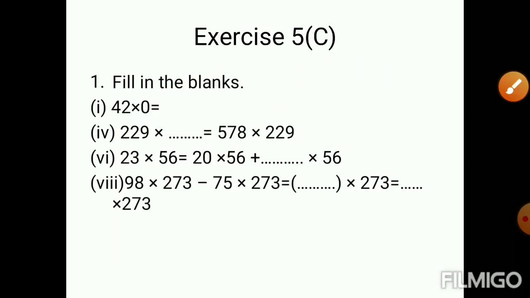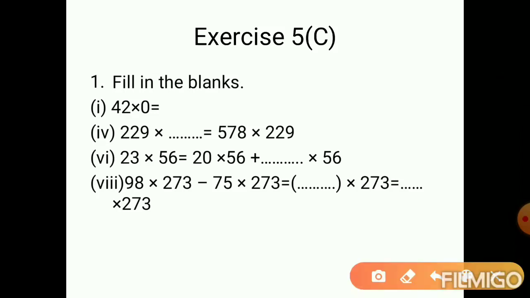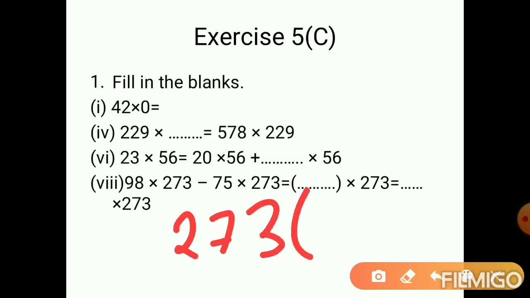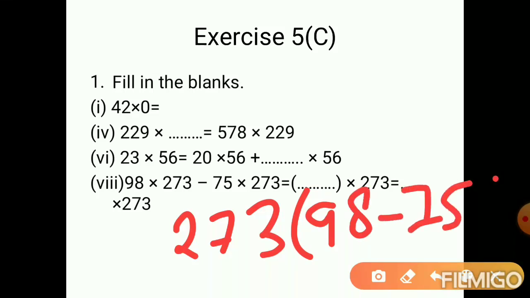My next question is 98 into 273 minus 75 into 273. Here you have to fill the blanks. We will take this 273 as common, and 98 minus 75.